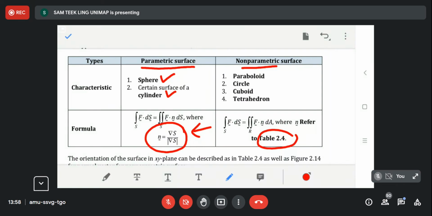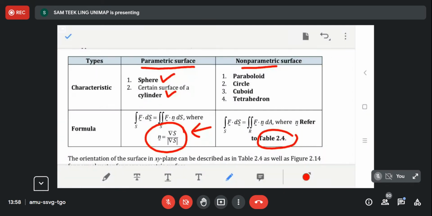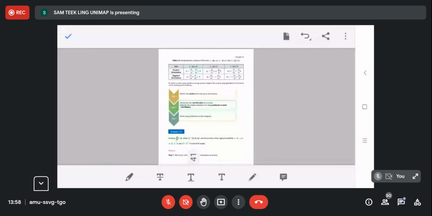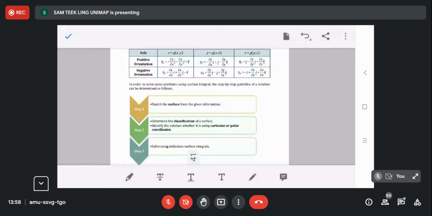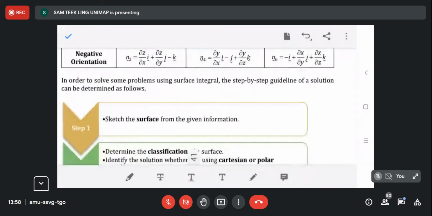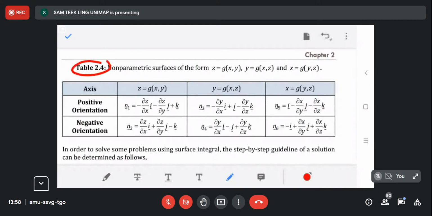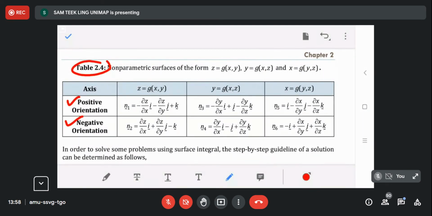So for the other, you will use table 2.4. Your table 2.4 is on another page. This page. This one is table 2.4. You can see you have positive and negative based on your question.